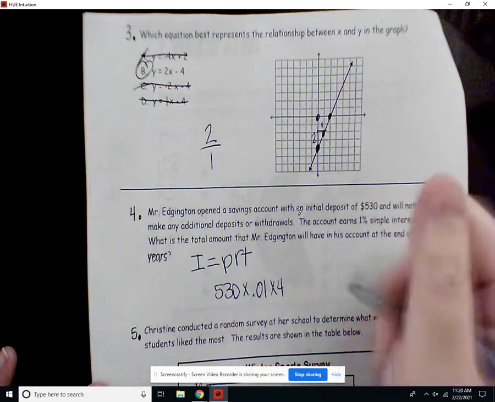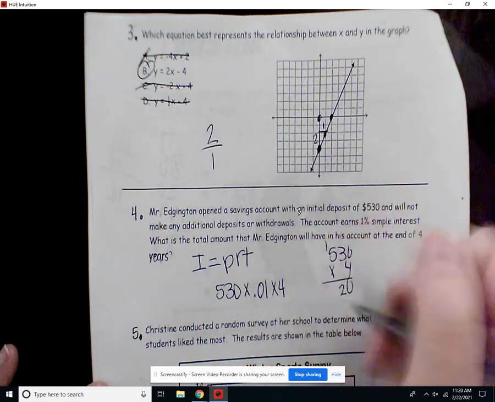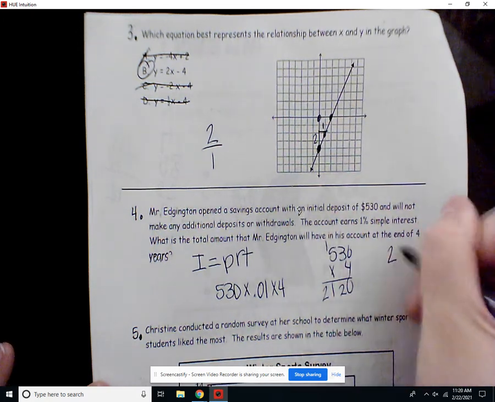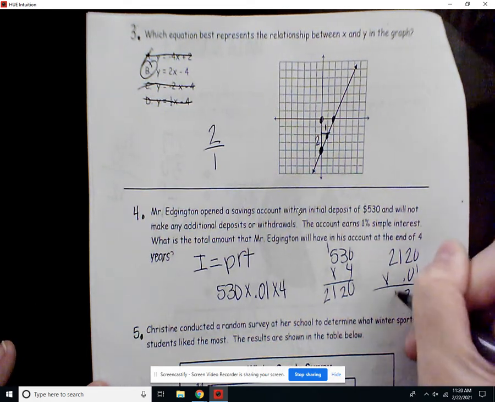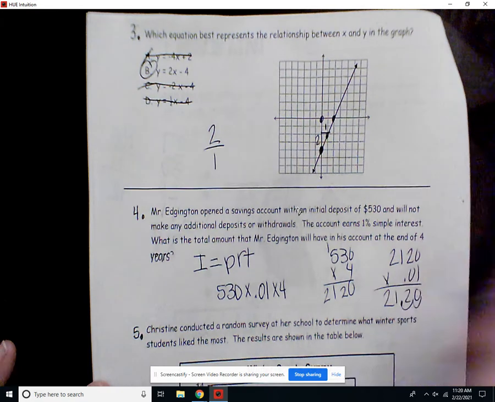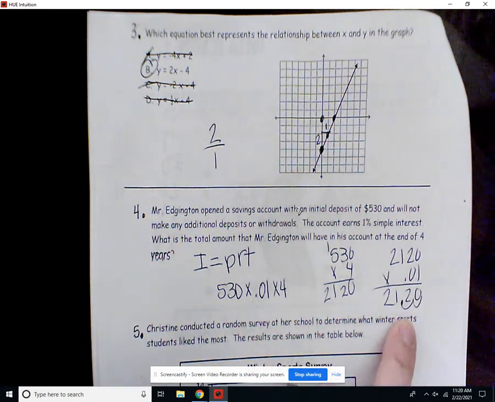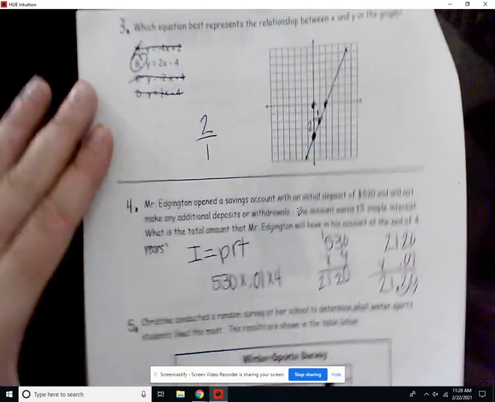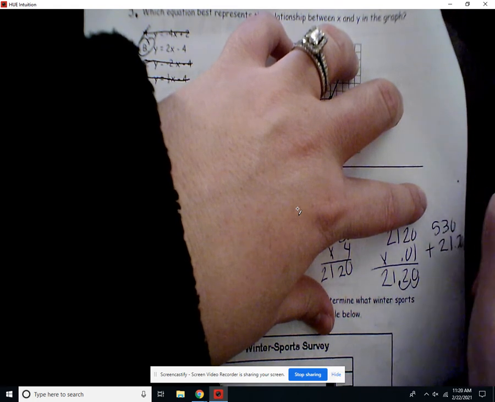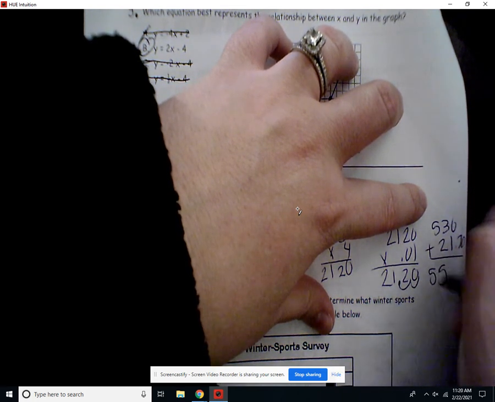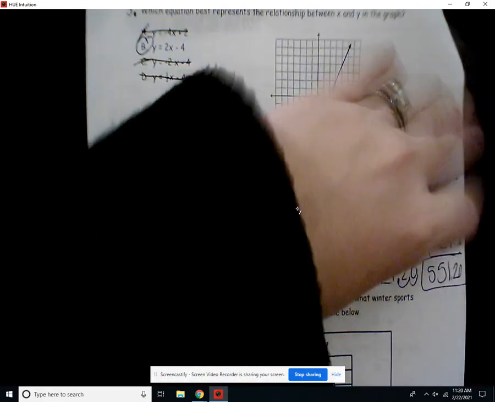We multiply 530 times 4, and then multiply that by 0.01, which is 21.20. To find the total amount at the end, we add this number back to 530. So 530 plus 21.20 gives us 551.20 for our answer.